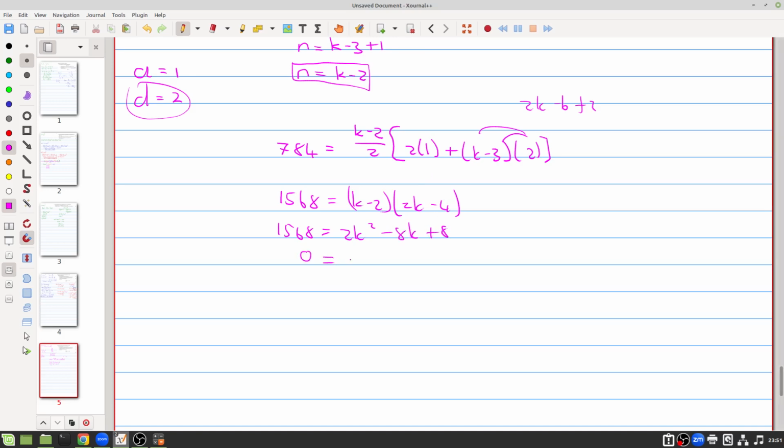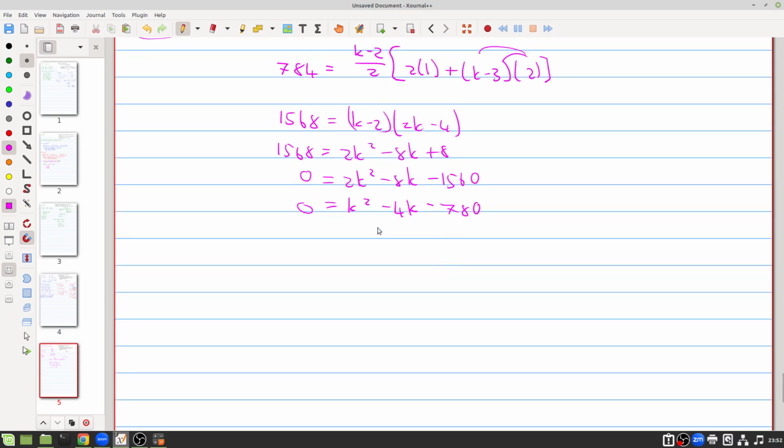So let's get everything on one side equal to 0. So 2k squared minus 8k, and then 8 minus 1568 is negative 1560. Let's divide everything by 2 just to make it a bit simpler. So k squared minus 4k minus, what is this now? 780. Okay, so it has to be two numbers that are pretty close together to get to 780.